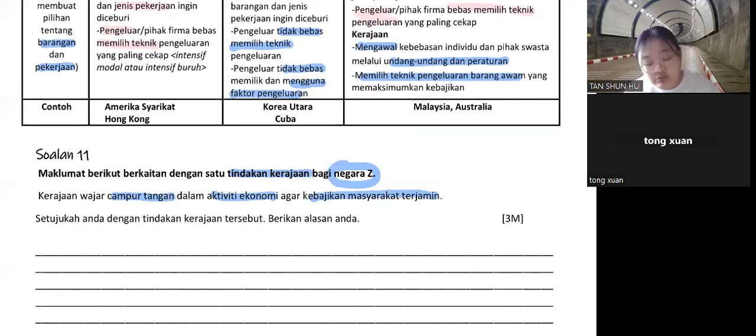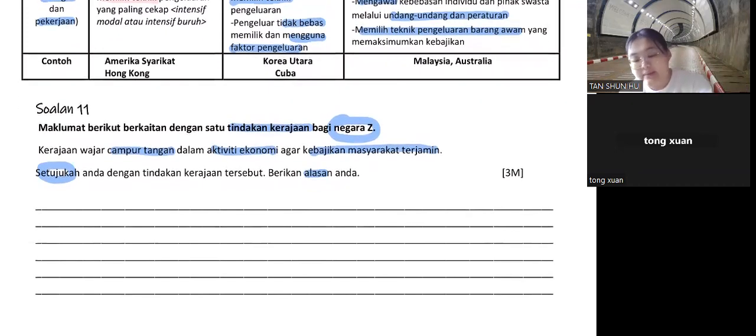Okay, so they ask you, setujukah, beri alasan? Are you agree with the statement on top, like government campur tangan in the activity to protect the people's kebajikan, the benefit, to maintain the people's benefit? You agree or you do not agree? Be aware. Answer can be agree, answer can be not agree. As long as you can give a valid reason. Okay, so think of it.